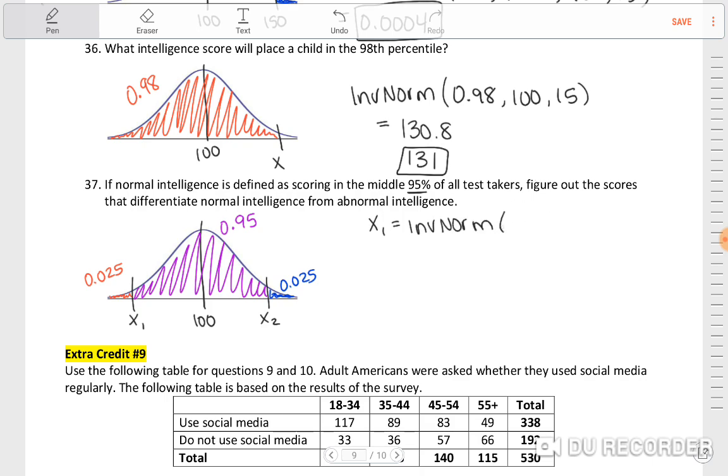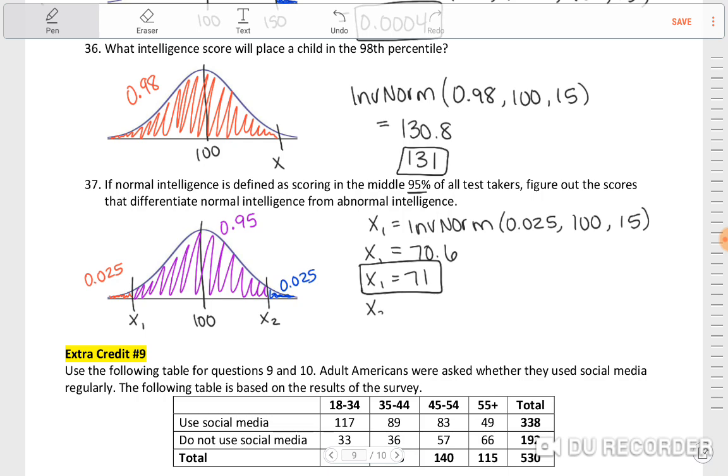My area to the left of x1 is the 0.025. And then my mean is 100, my standard deviation, 15. So when I calculate that value, I get 70.6. And then I went ahead and rounded that to 71.